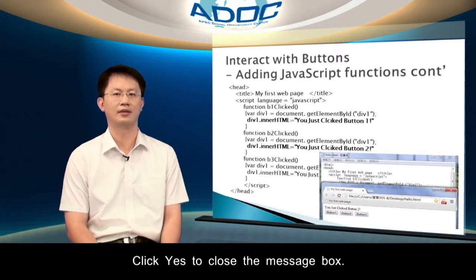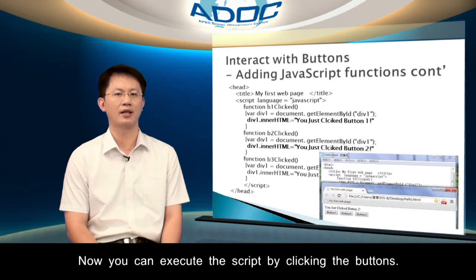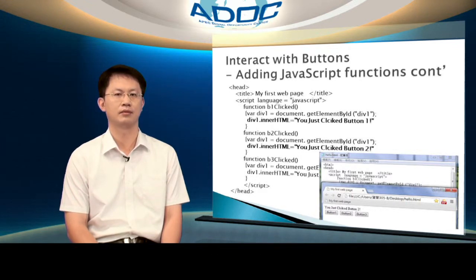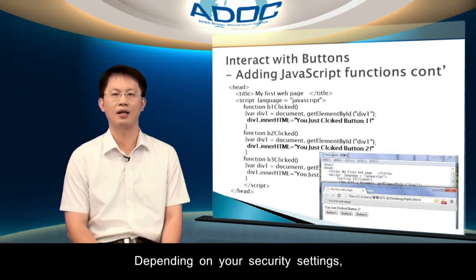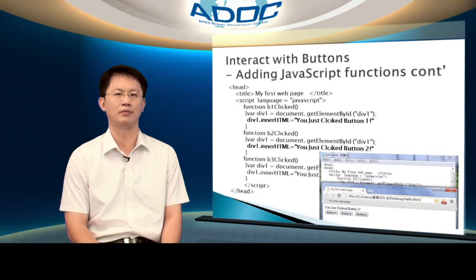Click Yes to close the message box. And now you can execute the script by clicking the buttons. Depending on your security settings, you typically won't see the problem on pages you installed on your ISP and downloaded from the web.